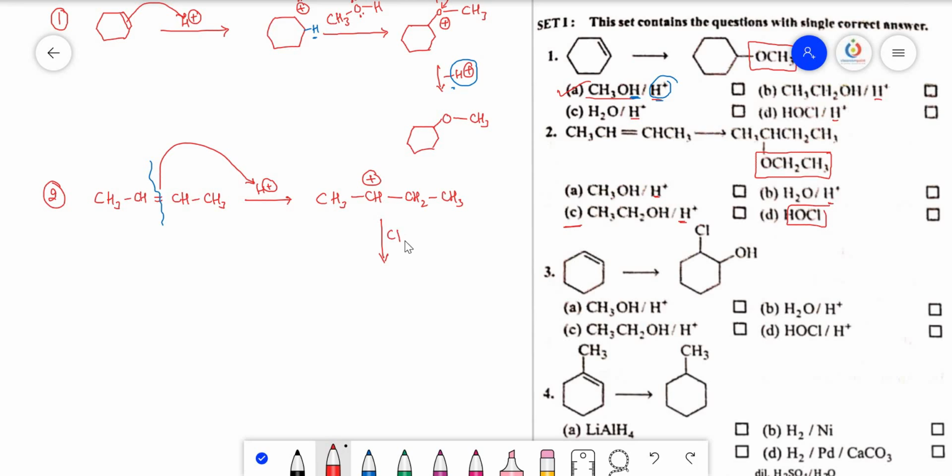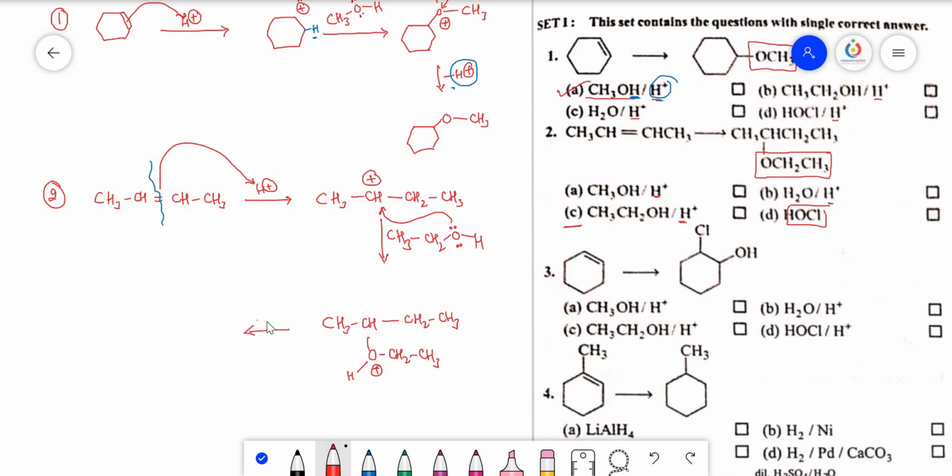So this one on reaction with CH3 CH2 oxygen hydrogen, again ethyl alcohol, which is a good nucleophile, attacks like this and produces CH3 CH O CH2 CH3 and hydrogen here, and this side also CH2 CH3, positive charge is there.